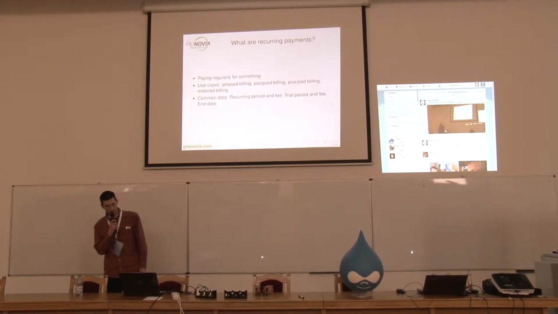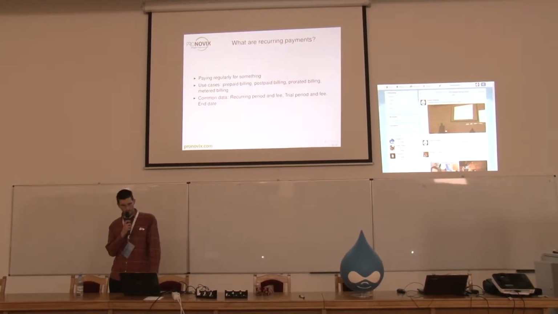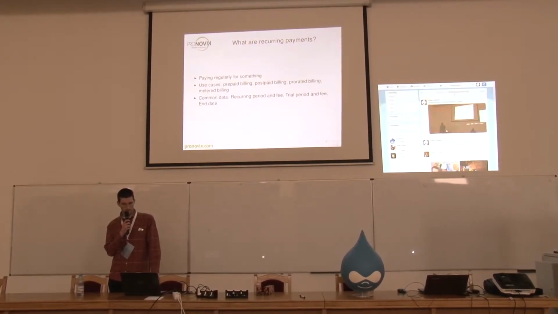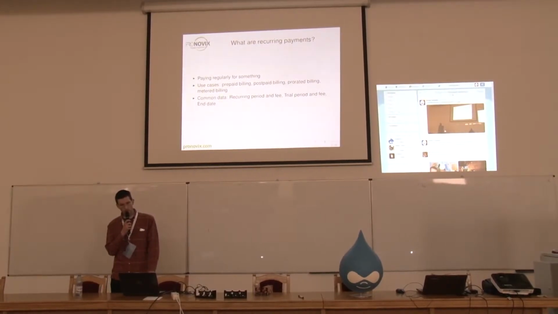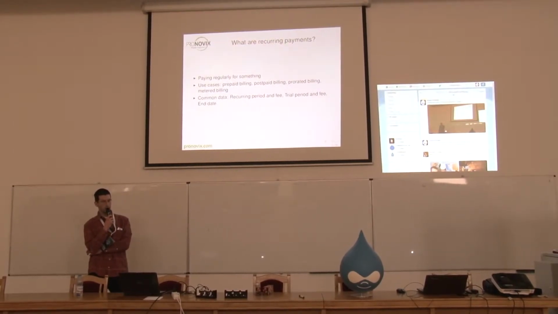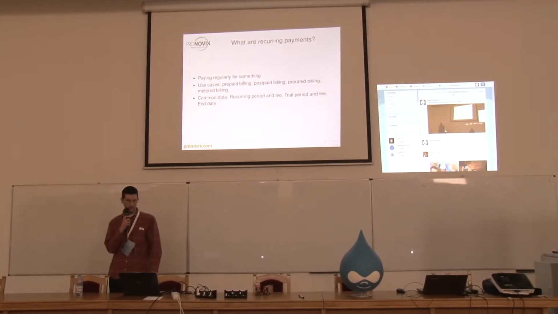And recurring payments have common data to store the recurring payment-related information. It's like the recurring period and fee. So that is, for example, recurring period is 1 month. The customer pays the amount every month. And the fee is the amount he pays.